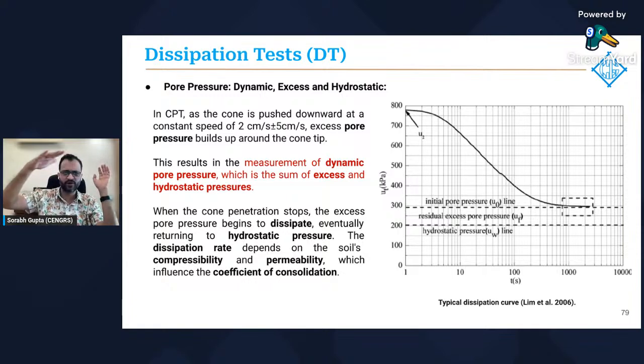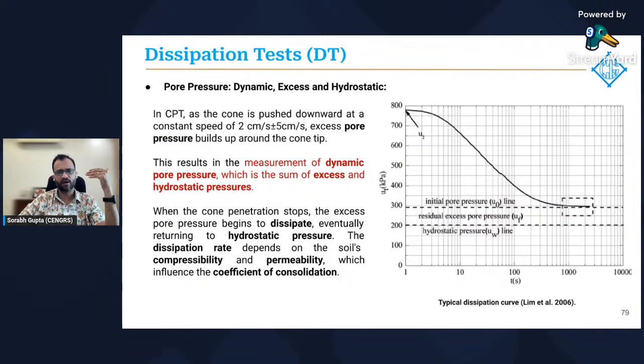If you are monitoring the dynamic pore pressures with time, typically your pore pressures would reduce, or dissipate, over time in this kind of graph. And if you look at it, it looks very familiar to us. This is exactly what you get in a consolidation test, for example, and the data can be used.